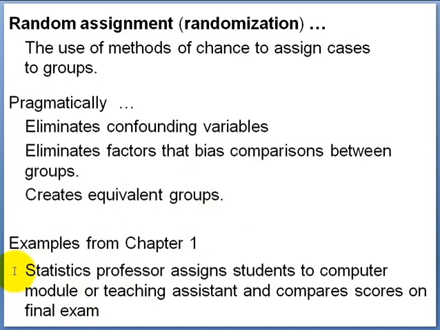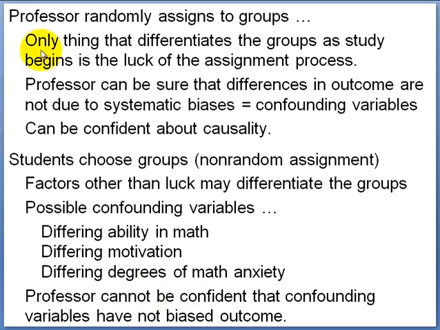The example there is that a statistics professor assigned students to a computer teaching module or to a teaching assistant, and the dependent variable is score on the final exam. Now, there are several ways that the students could be assigned to groups.